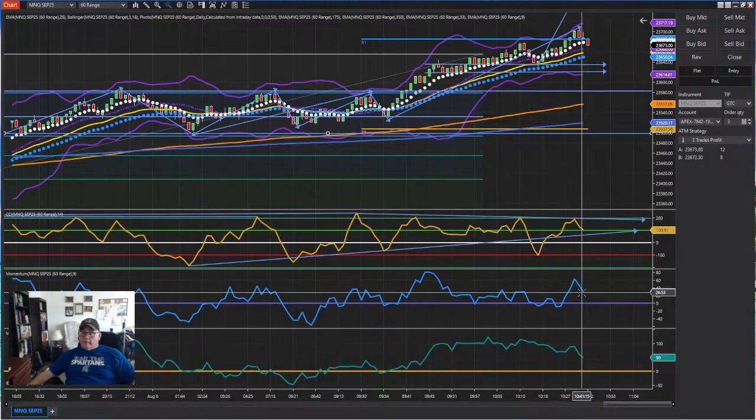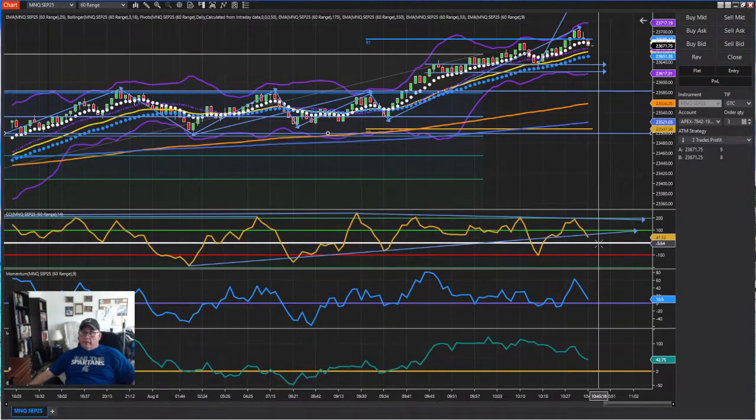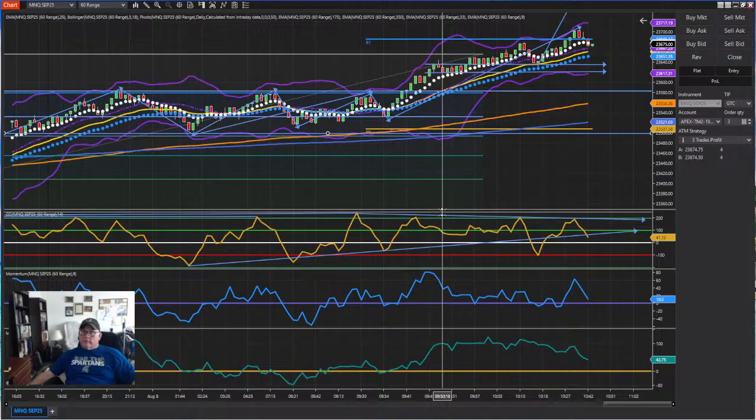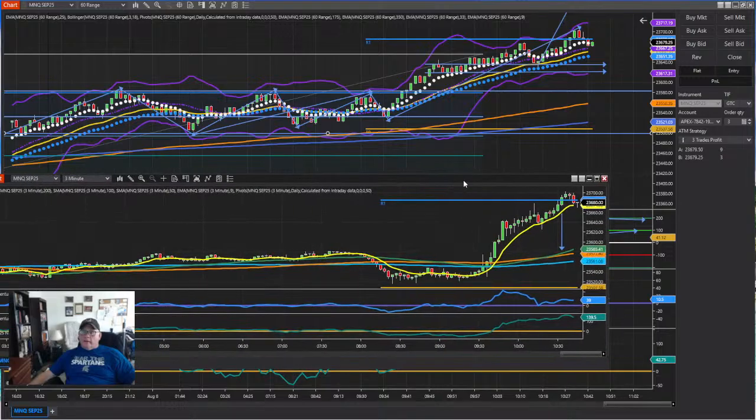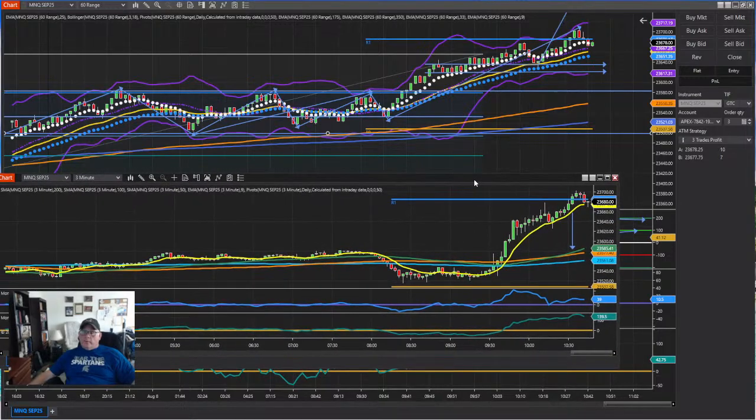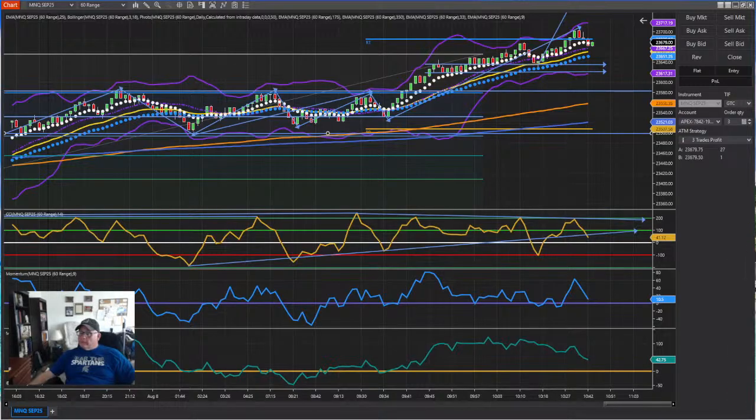Ideally, I like to see this quicker one get below 0 and this one get below 0. I'm also watching the 3-minute chart over here to see how that next bar forms, which it did form. Bouncing off that 9 EMA again.